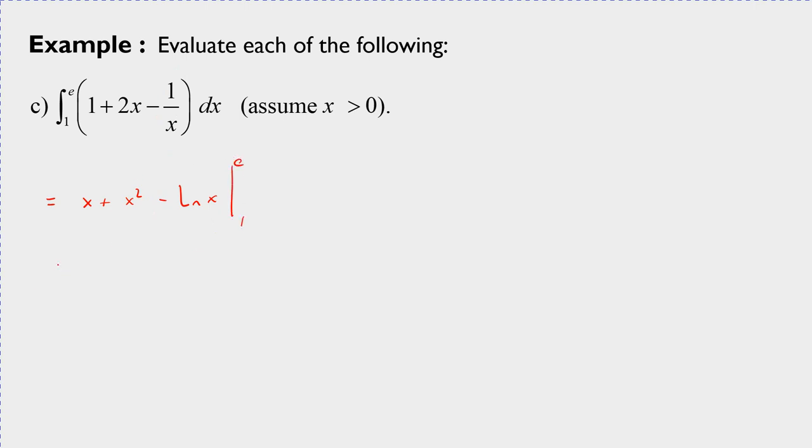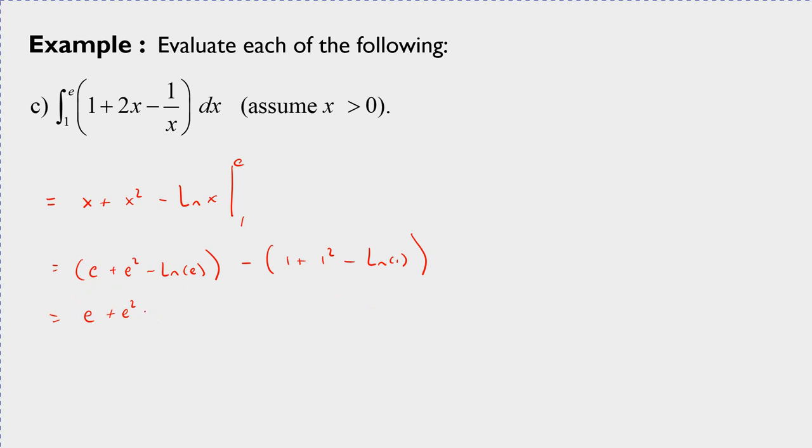So plug in e now. So you get e plus e squared minus the natural log of e, minus, now plug in 1. 1 plus 1 squared minus the natural log of 1. Okay, well let's clean this up a little bit. This is e plus e squared. Well, what's the natural log of e?